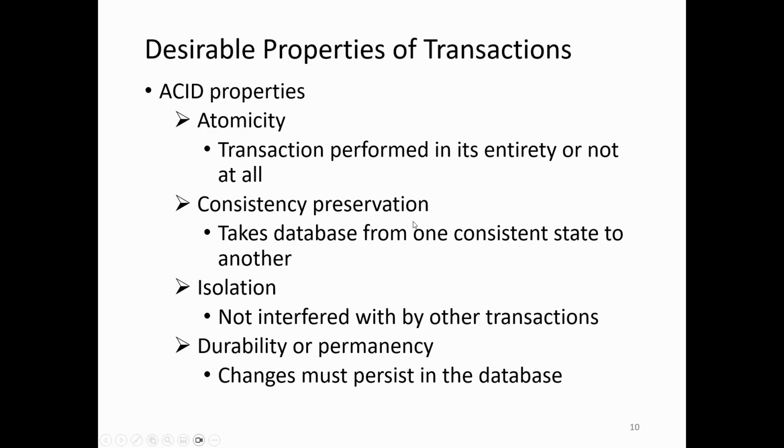consistency preservation should be achieved by enforcing integrity constraints of a database. So it should be the responsibility of the programmer who writes the database program, by enforcing integrity constraints of the database. So constraints like primary key, foreign key, kinds of integrity constraints.